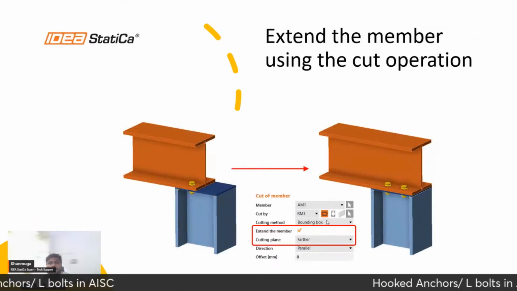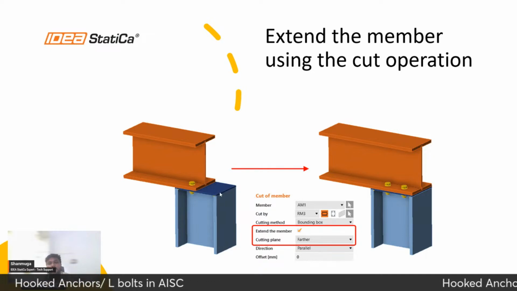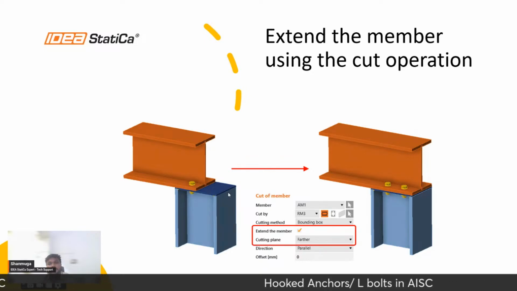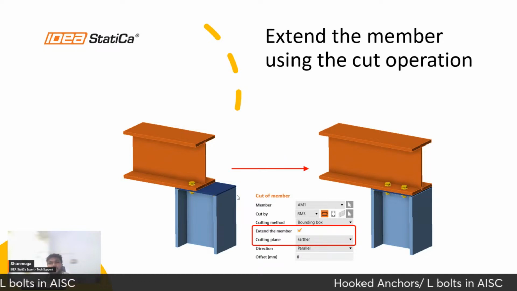Next, in the cut operation, the model can extend the member to the edge of the column. This is the feature that the developers have brought in for using the cut operation.